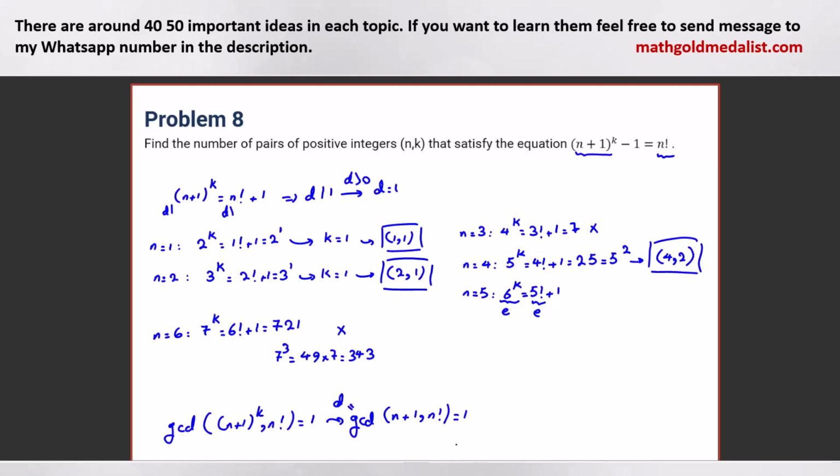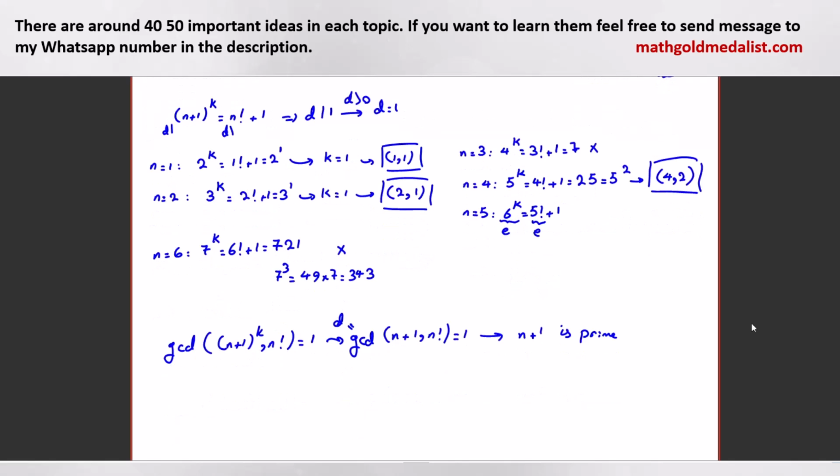Now, because this GCD is 1, we can say n plus 1 is prime. For example, if n plus 1 is not prime, it is a composite number, and it is a multiple of something below that. Suppose n plus 1 is 9.